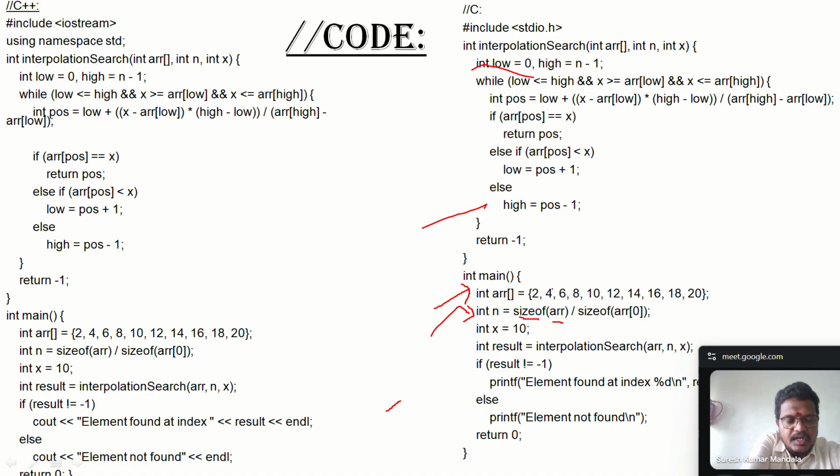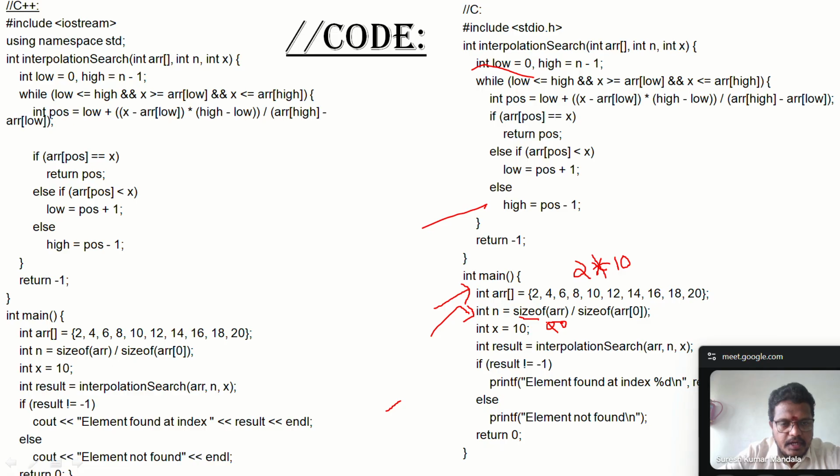If you assume that an integer occupies 2 bytes of memory, then with 10 elements it will take 10 into 2, so the answer is 20. The size of the array will be returned as 20.